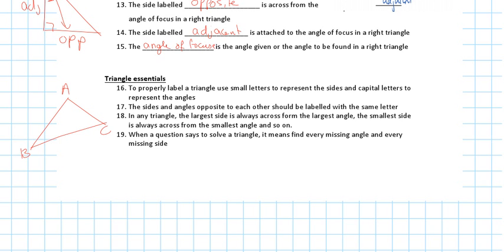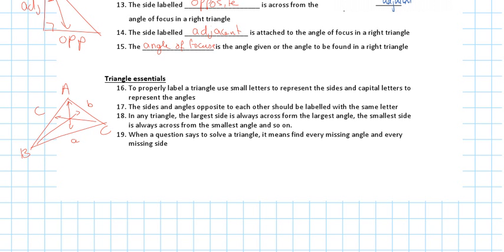It's a must: capital letters represent an angle. Small letters represent sides. If I want to name this triangle with sides, because this side is across from angle A, it's called side A. This is angle B, so this is side B. This is angle C, so this is side C.